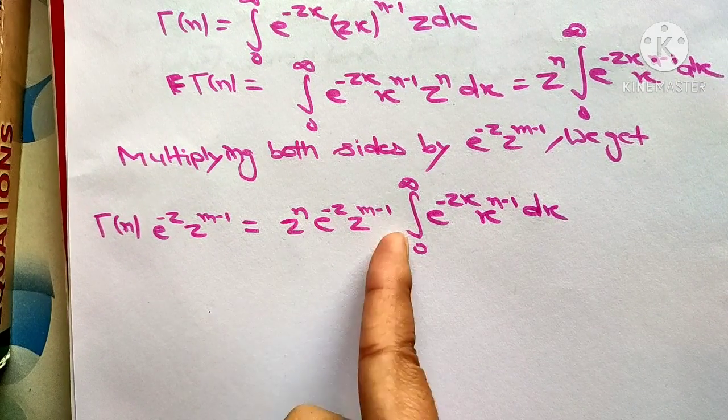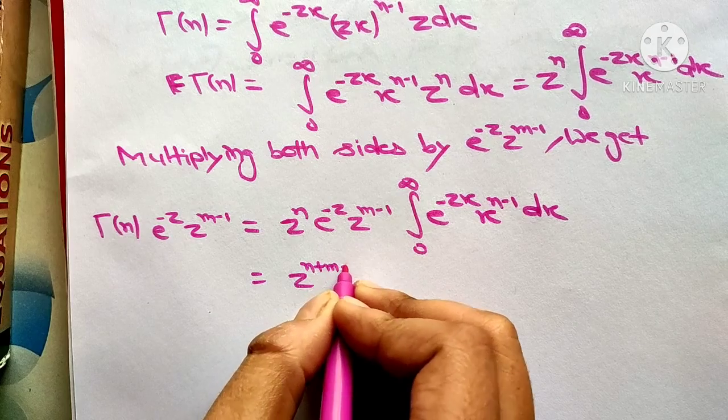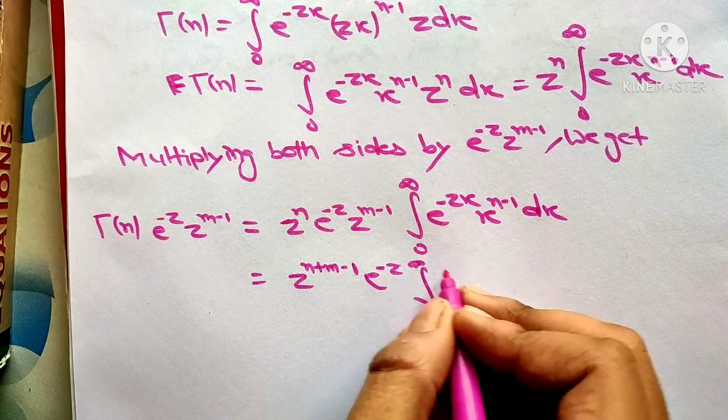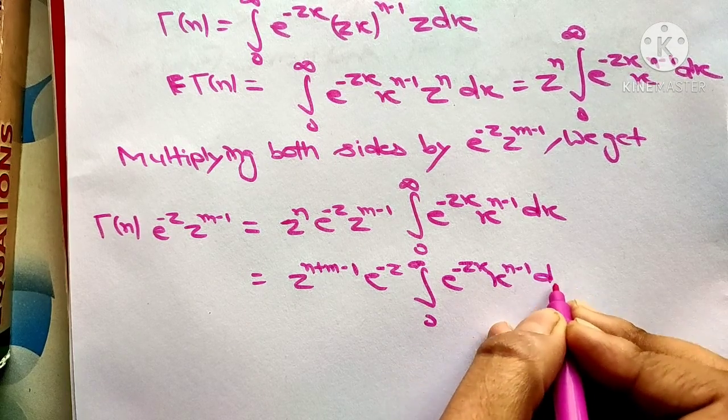So the powers of z get added, z to the power m plus n minus 1, e to the power minus z, integral 0 to infinity e to the power minus zx, x to the power n minus 1 dx.